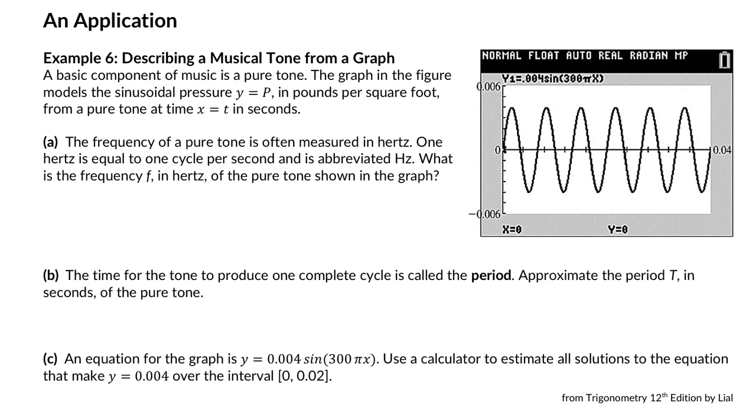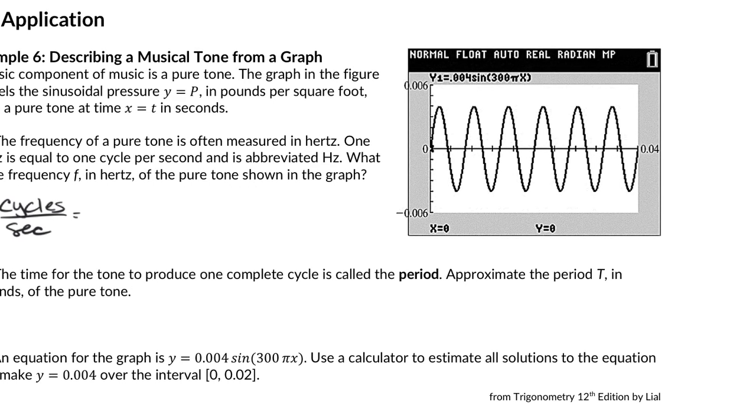Okay, we need to figure out the frequency. Frequency is the number of cycles per second. So we want to figure out the cycles per second. In the image that you have here, looking from start to finish, how many full cycles of this sine function do you have?